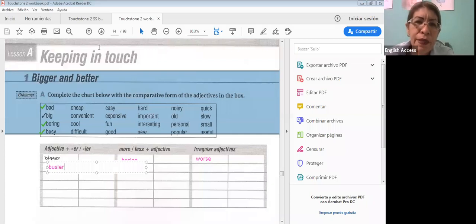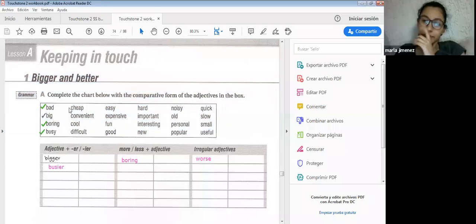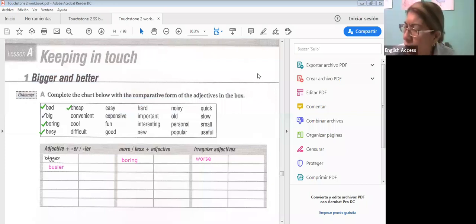Okay, it says busier, like this. Then we have cheap. More cheap. What do you say, Aiden? Is it correct, more cheap?